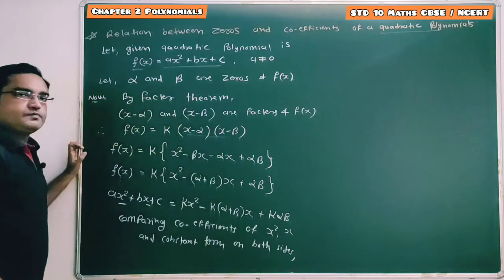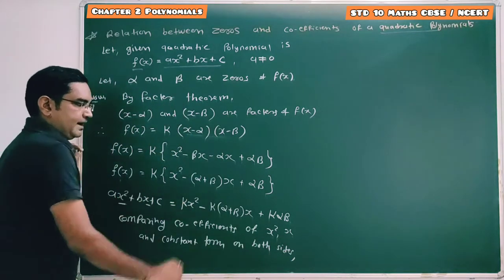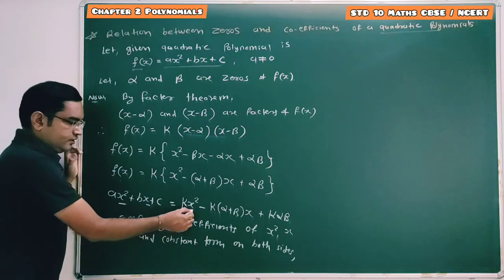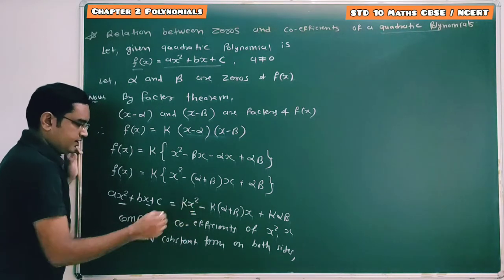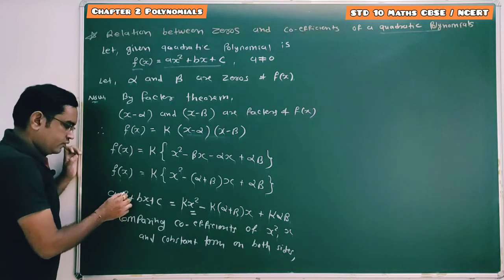So here the coefficient of x square is k and there the coefficient of x square is a.